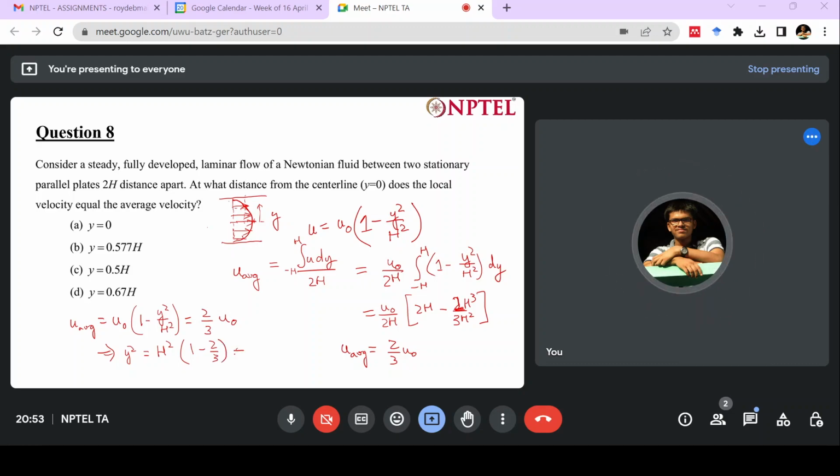So this is 1 by 3. So y will be h by root 3. This will definitely be plus minus, because this is symmetrical in my positive y direction also. There will be a point, and exactly symmetric to it in my negative y direction, there will be another point where this condition will be met. So how much is 1 by root 3? It is approximately 0.577. So option B will be the correct answer for this question.